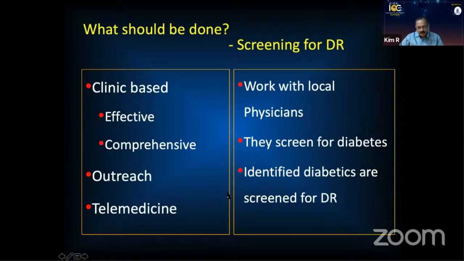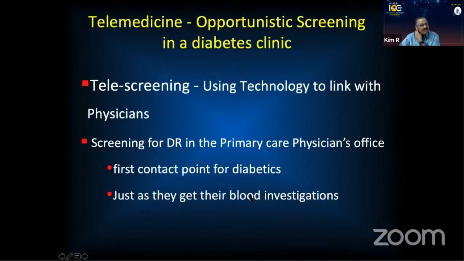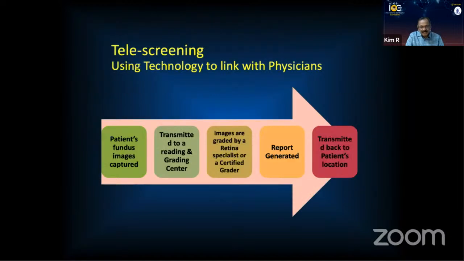We've been continuing to do outreach screening programs focused on diabetic retinopathy, and of course, telemedicine has played a major role in screening diabetic retinopathy. Using tele-screening technology helps in screening diabetic patients because fortunately, diagnosis of diabetic retinopathy is image-based, and anybody looking at the image can make this diagnosis.